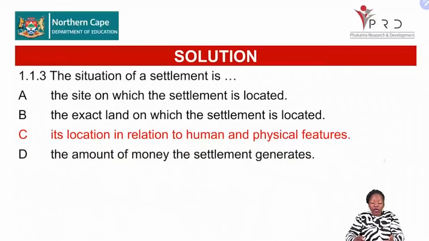That is also part of the human. Is that area safe or not? It's also part of the human. So the situation, we are looking at the surroundings of your site, because the site is where the settlement will be built. And then around that site, what are the features that you will need? Is it available? So then it becomes a situation.